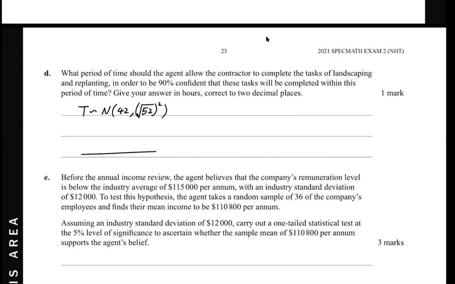If we sketch a rough normal diagram, we know this area should be 0.9. So we try to find, let's say, this is t. Probability T smaller than or equal to t equals 0.90. t is approximately equal to what?